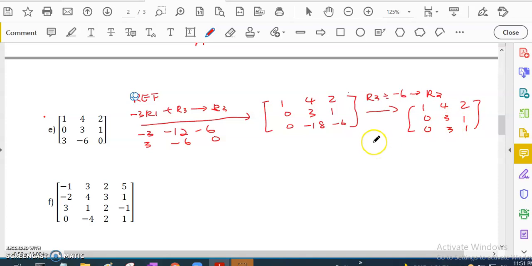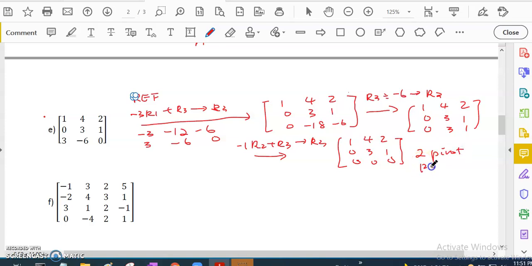And if you do R2 times negative 1 plus R3, put into R3, you would have 1, 4, 2, 0, 3, 1, 0, 0, 0. Okay, so avoid using the calculator. This means it has only two pivot positions, so it is not invertible.